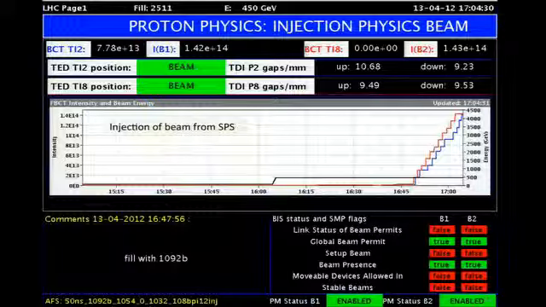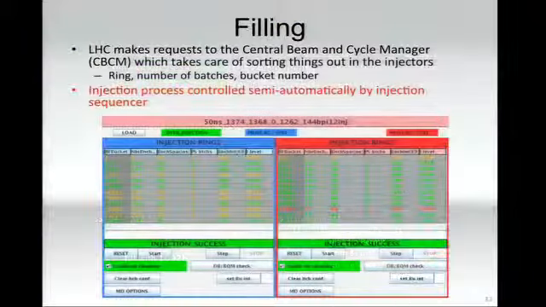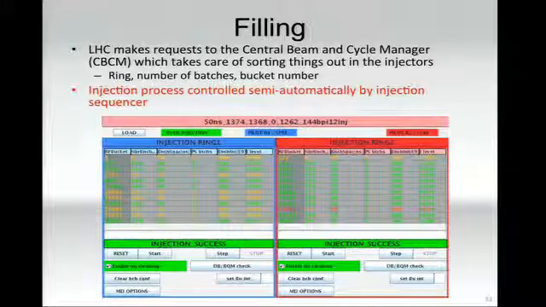Okay, the injection of the beam 1 in blue and beam 2 in red, and that process is going to be controlled by the injection sequencer, which is a semi-automatic thing, which is going to run through these requests and send them to the central beam and cycle manager, which is going to take care of sorting things out in the injectors.